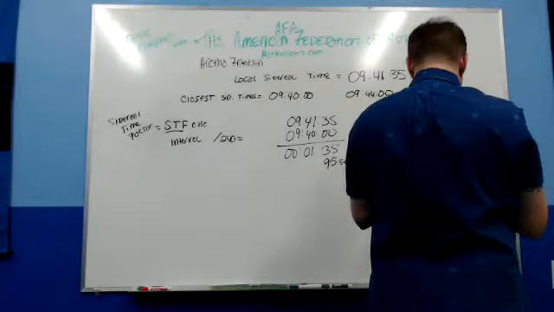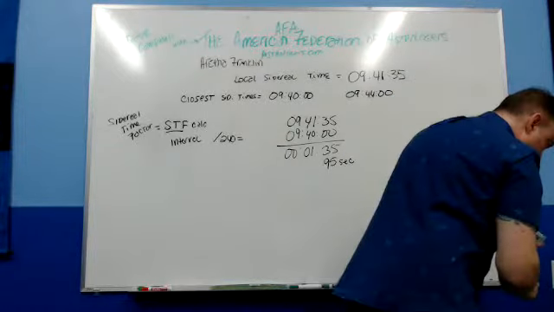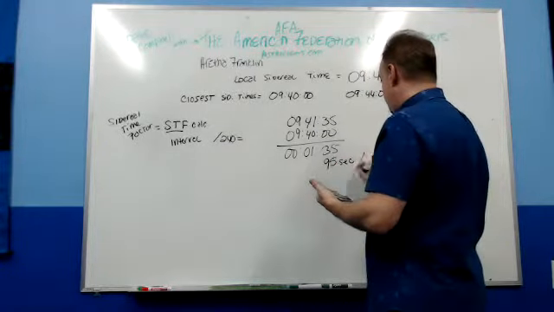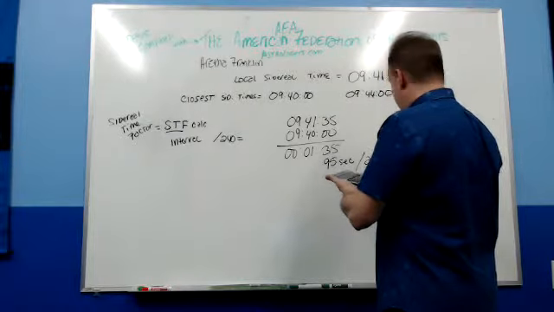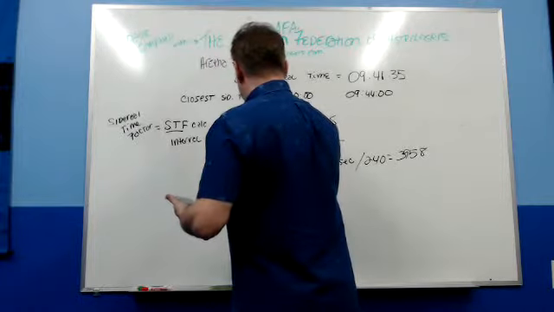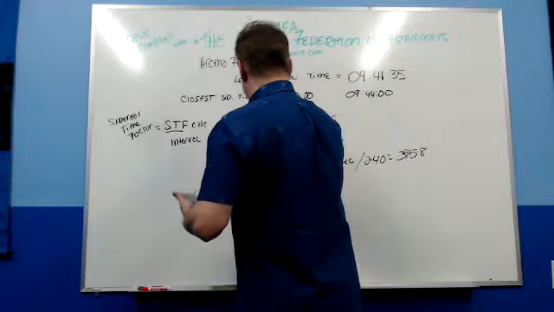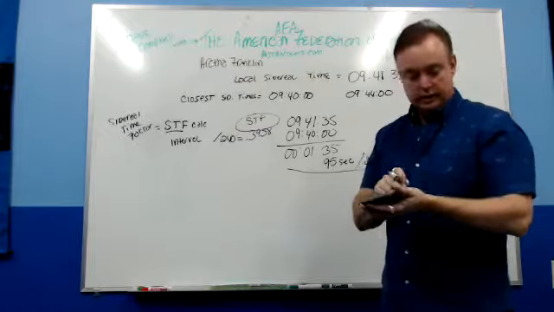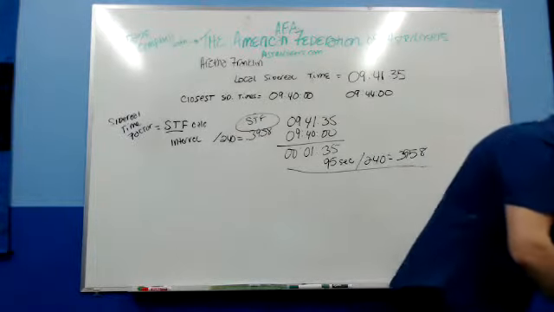If we divide 95 seconds by 240, it gives us 0.3958. So 0.3958 is our STF factor. So we're going to go ahead and calculate all those cusps with that STF factor first.